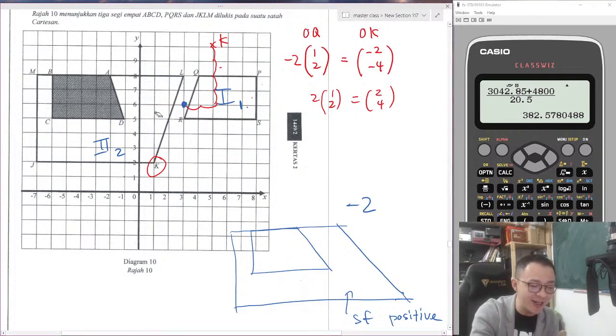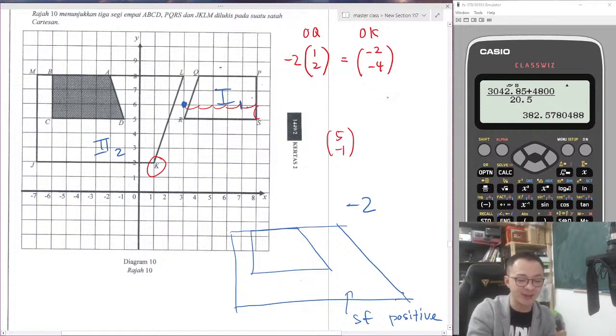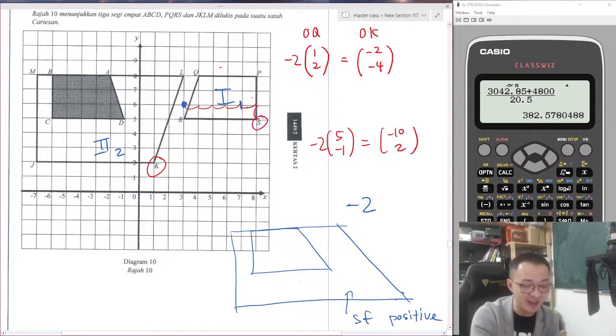You can check for any other point also, it makes sense. For example, from the center point to S, you can see it's 1, 2, 3, 4, 5, coming down 1 unit. So we call it 5, -1. Since I understand the skew factor is -2, I can find the image of this point by multiplying, which gives -10, 2. So basically, to find the image of S, I need to move 10 units from the center point to the left hand side. 1, 2, 3, 4, 5, 6, 7, 8, 9, 10.